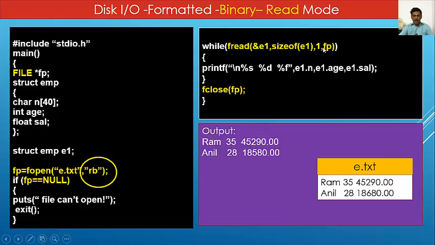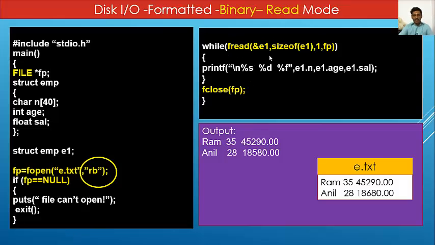If we want to write data to a text file, we use fprintf. In binary mode, we use fread and fwrite to read and write the data. In text mode, fscanf and fprintf are used to read and write data.